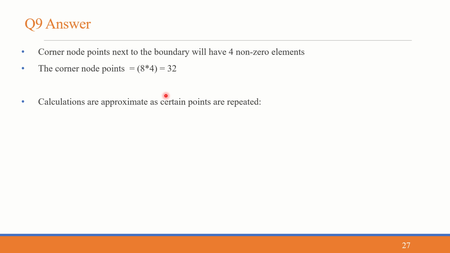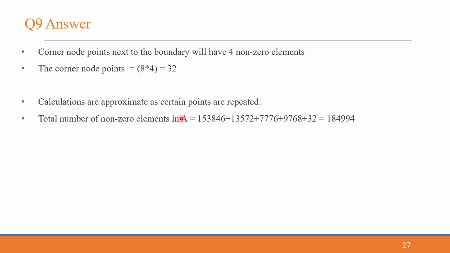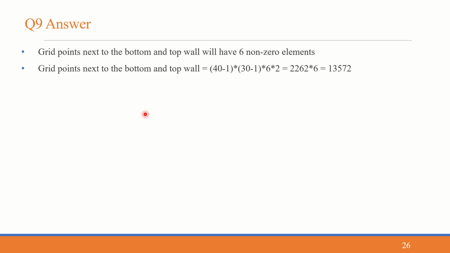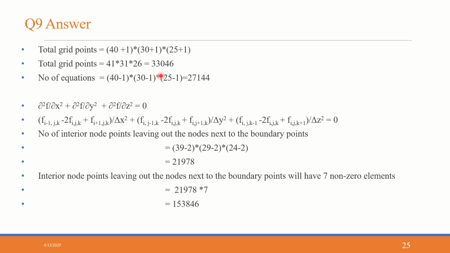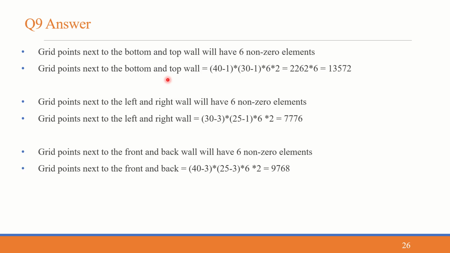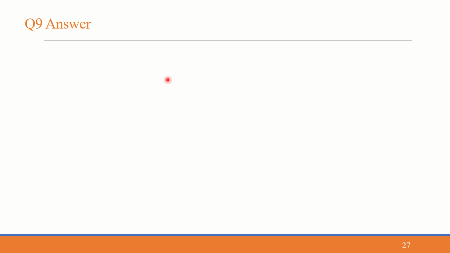Okay, coming back. The total number of non-zero elements in A, adding up everything now, is 1,53,846 plus 13,572 plus 7,776 plus 9,768 plus 32. It will give us 1,84,994. This is the total number of non-zero elements in A. The total number of equations we got is 27,144, so the number of elements will be the square of that.